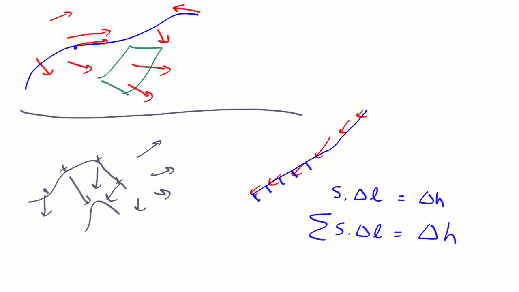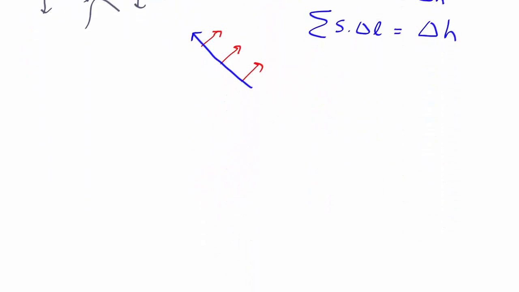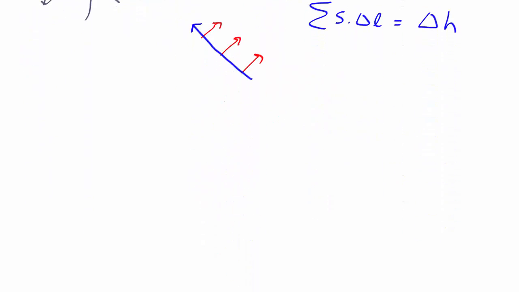But let's say you had a vector field that looked like this, but you are now walking this way. What's your change of height here? Well, it's fairly obvious you're going parallel to the slope, so you're not actually going up or down. In this case, there is a slope vector at each point on your line, but it's not making any difference to the height. So your total change in height is 0.